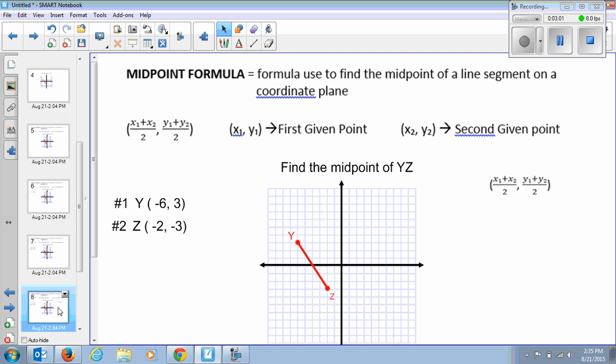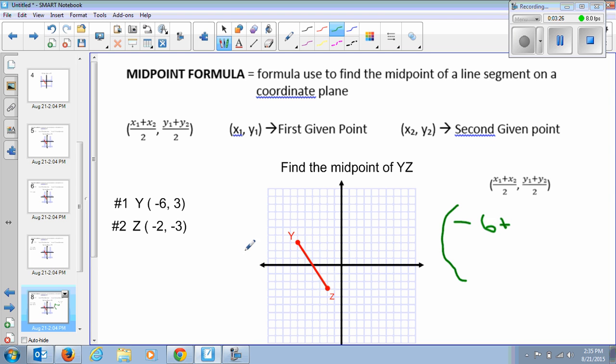I am now going to plug these two points into the midpoint formula. We're going to go green for little Warhawks here. I'm going to plug in my x values first. Y being my first point, x1 is -6. I am going to add that to my x coordinate for Z, which is -2, and divide that by 2.